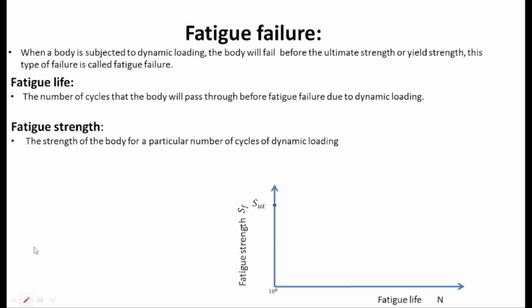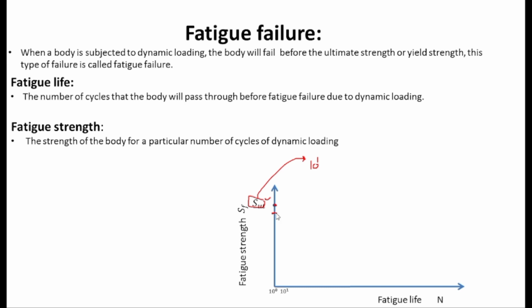Now if we want a body of this material having strength equal to SUT to undergo a cyclic load such that the number of cycles for that load is 10 raised to the power 1, then its strength will decrease from this SUT to somewhere over here, because this body is undergoing variable load.